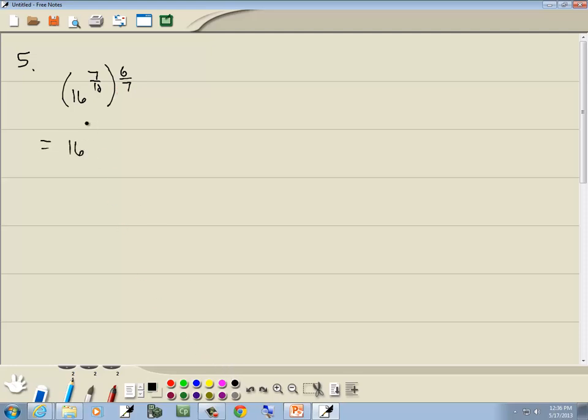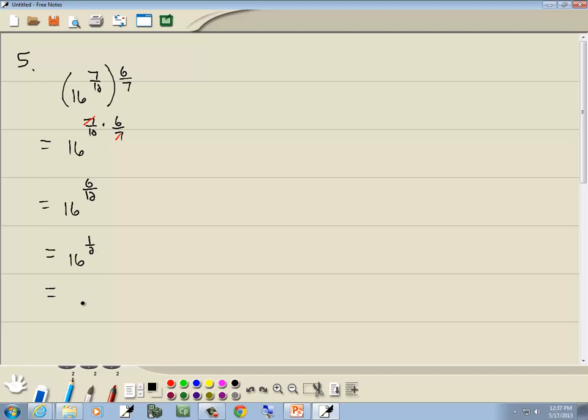So we've got 16 to the 7/12 times 6/7. Well, we can simplify this a little bit. The 7's cancel. And that's going to give us 16 to the 6/12 power. Well, 6/12 reduces. Top and bottom both divisible by 6. That gives us 16 to the 1/2.